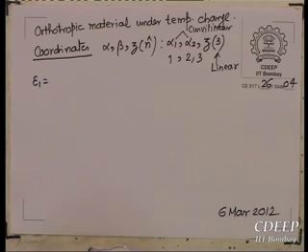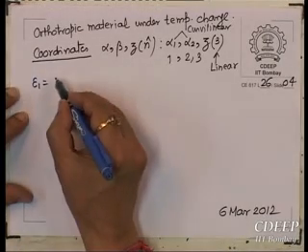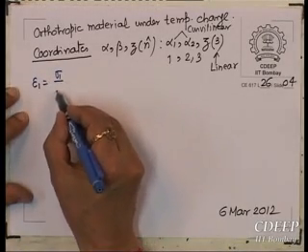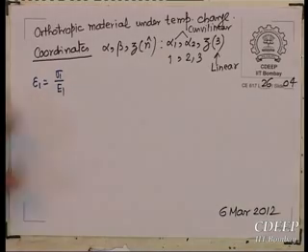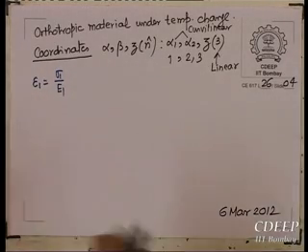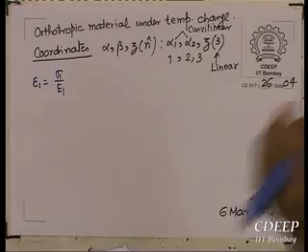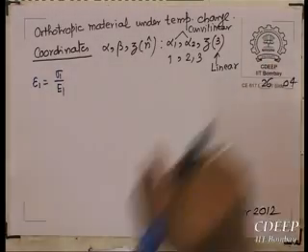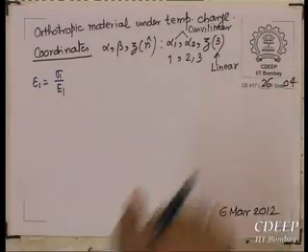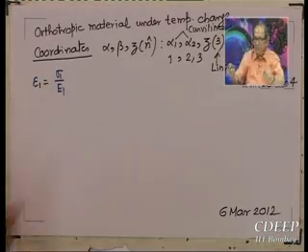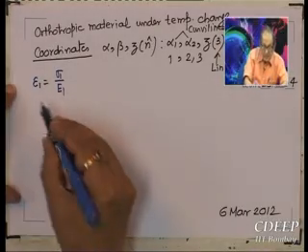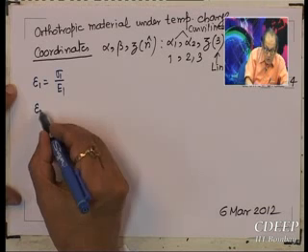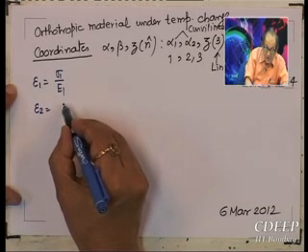It will produce normal strain, equal to sigma 1 by E1. It will also produce normal strain in the 2 direction. Only thing, it will be negative, because if you are applying this positive, it will be negative, and that will be given by epsilon 2, and that will be how much?